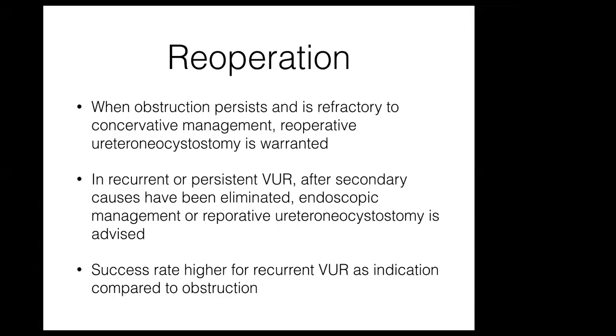Of course, you decide to do this once you have eliminated secondary causes of recurrent or persistent VUR. So you have the option to perform endoscopic management or reoperative ureteroneocystostomy. The success rate for recurrent VUR as an indication is higher as opposed to performing your reoperation for obstruction.